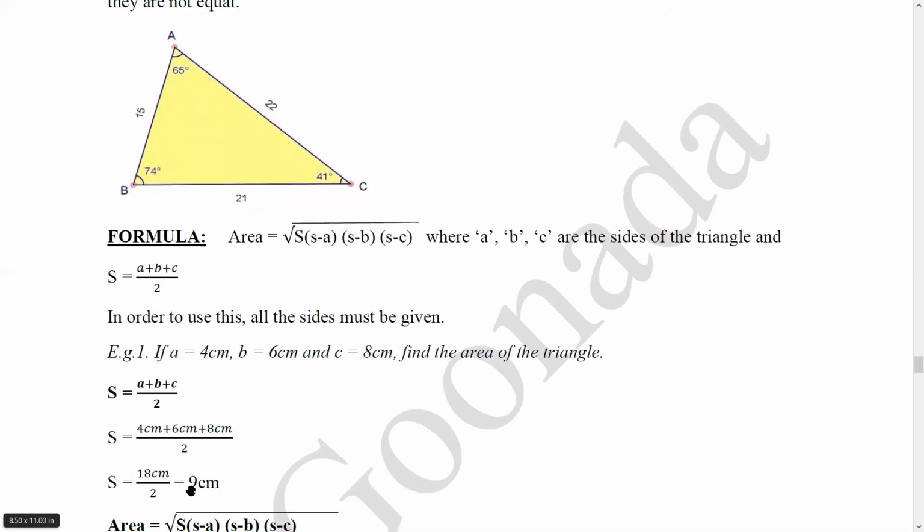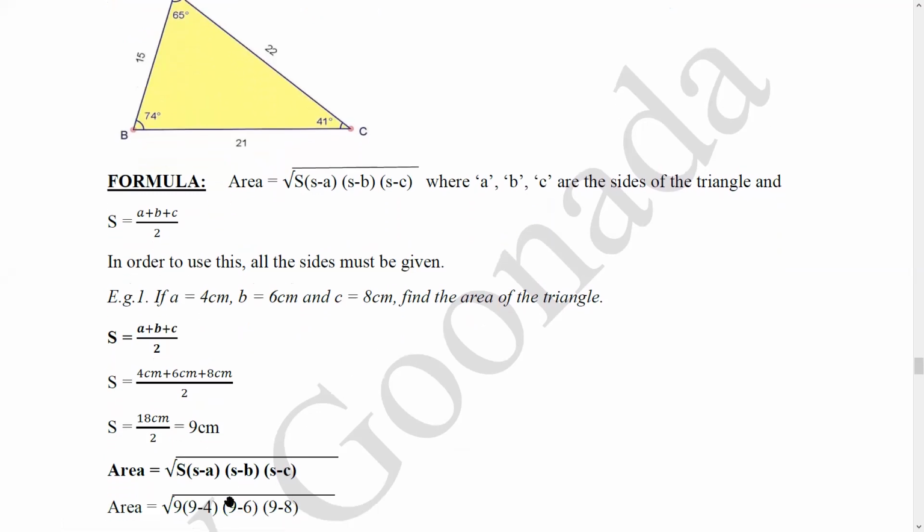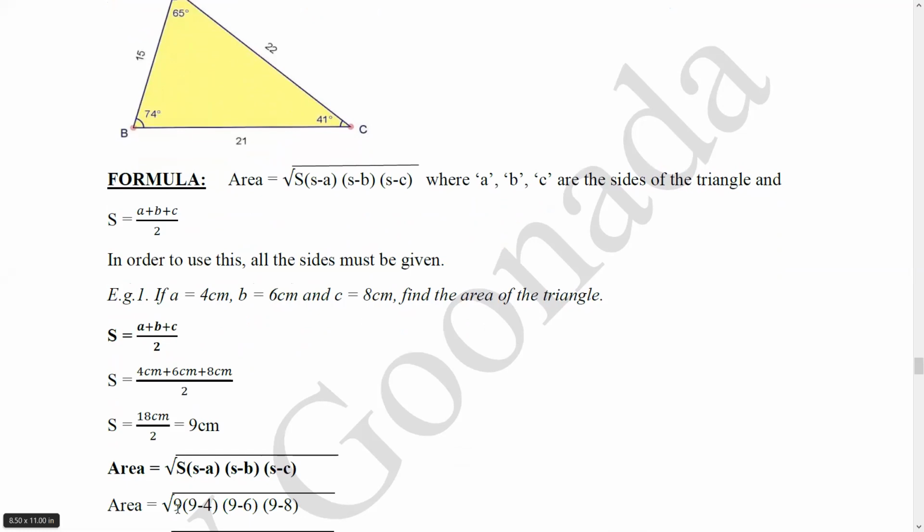So now that we got S to be 9, we write our formula. Area is equal to the square root of S into S minus A, S minus B, S minus C. We know the values for A, B, and C. So the area is equal to the square root of 9 into 9 minus 4, 9 minus 6, 9 minus 8.